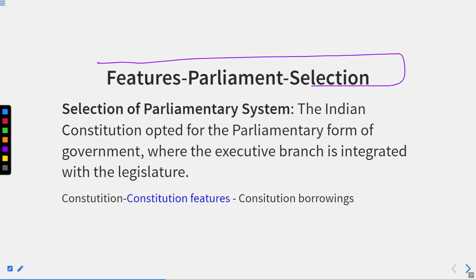Thereafter we have the selection of the parliamentary system. The Indian Constitution opted for the parliamentary form of government, where the executive branch is integrated with the legislature.